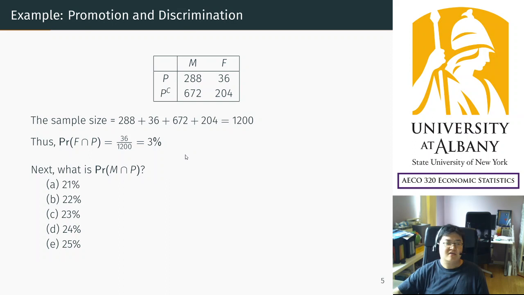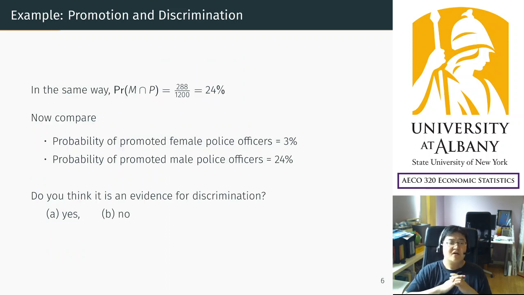Now it is easy to calculate the probability of male and promoted. If you need practice, again, pause the video and try yourself. Okay, I'll turn the page. In the same way, it is easy because the sample size is calculated.